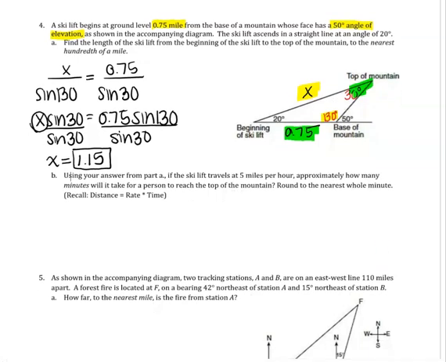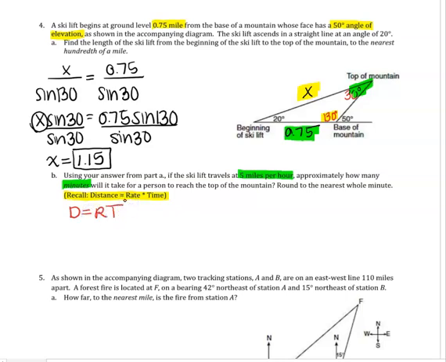All right, using your answer from part A, if the ski lift travels 5 miles per hour, approximately how many minutes will it take for a person to reach the top of the mountain and round to the nearest whole minute? So recall, and this is actually from middle school they taught you this, distance equals rate times time, which when I student taught in middle school, we called these dirt problems.